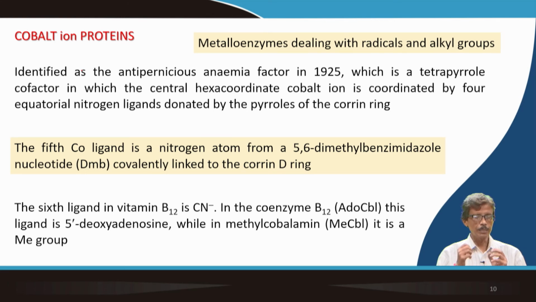The 6th ligand is typically cyanide ion, because it is basically an artifact: when people first identified it, they used sodium cyanide in processing, and during that process the cobalt carbon bond was broken and substituted by cyanide ion. It is typically an example of an anion metathesis reaction around the cobalt center, and what we identified initially as vitamin B12 is known as cyanocobalamin.